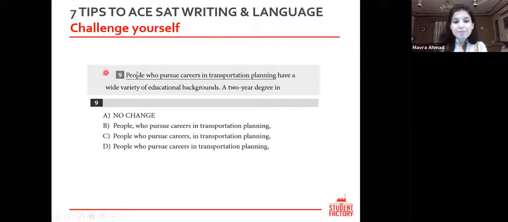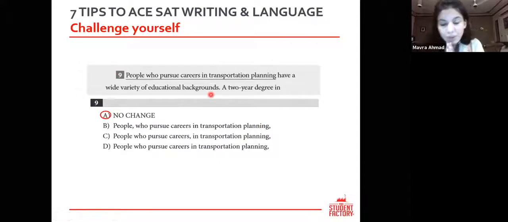Yes. People who pursue careers in transportation planning have a wide variety of educational backgrounds. अब यहाँ पर हमारे पास इस सेंटेंस में क्या इशू है? People who pursue careers in transportation planning have a wide variety of educational backgrounds. अगर हम इस क्वेश्चन को देखें तो ये पढ़ के हमें साफ पता चल रहा है कि इस सेंटेंस में कोई प्रॉब्लम नहीं है, which is why no change is going to be the correct answer.